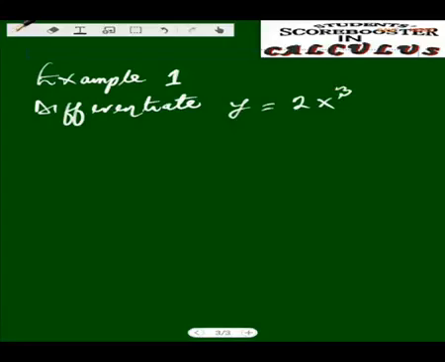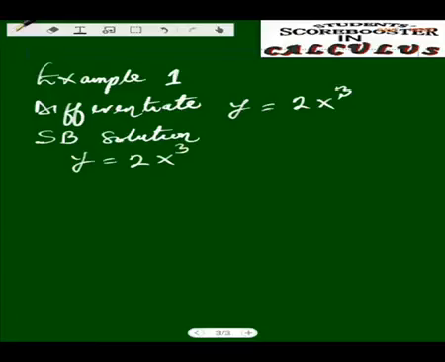So SB solution, meaning ScoreBooster solution, for this is, to make the explanation very clear, first of all, write the question: 2x raised to power 3.